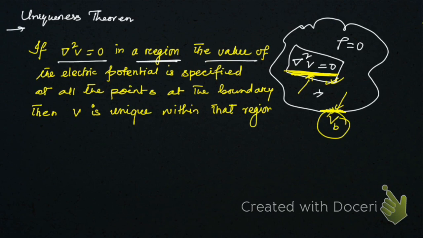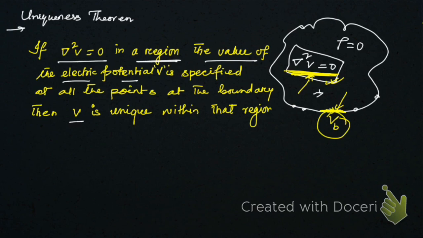The value of the electric potential V is specified at all the points on the boundary.